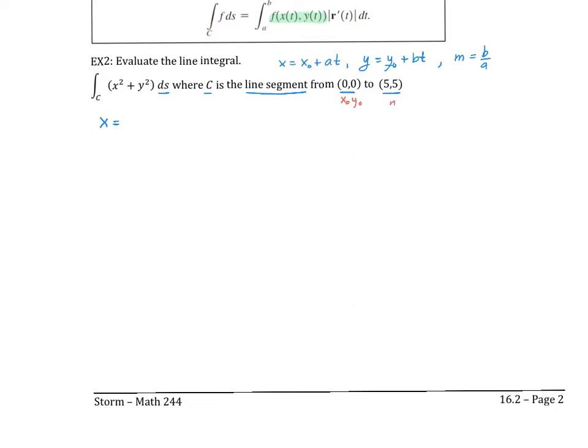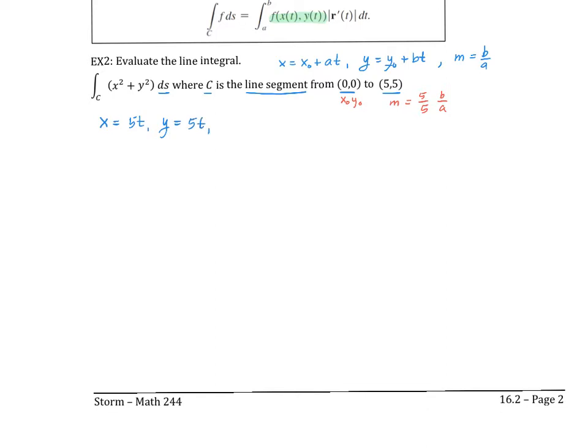When I figure out my slope, it's simply going to be 5 over 5. I can reduce that if I choose, but I'm not going to. I'm just going to let this be my b over a. X is going to be equal to 0 plus 5t, or just 5t. Y is going to be 0 plus 5t, or simply 5t.